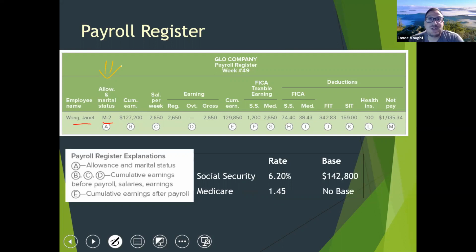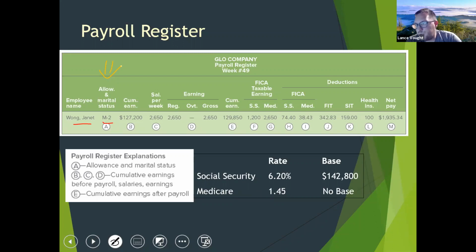But what you shouldn't do is over claim exemptions, because then you might end up paying a significant amount of tax during tax season unless you save it up. But if you're used to being an independent contractor and having to claim this and pay it, then maybe that's the way you go. So this B thing is cumulative earnings.